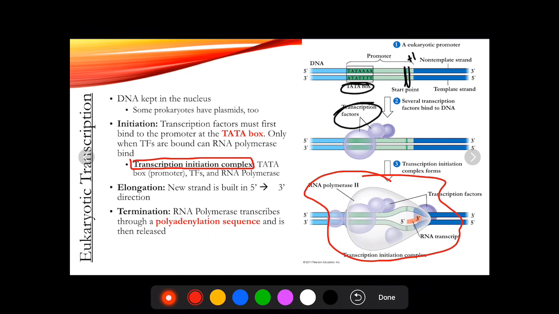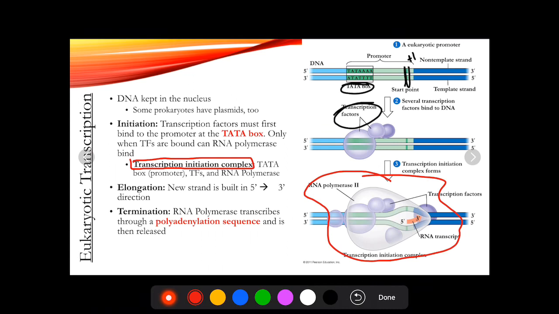So that's different than what we saw with prokaryotes. The promoter's different. It doesn't have the TATA element. The transcription factors are not needed. The polymerase can bind directly to the promoter. Elongation is exactly identical, nothing special there. We're still building in the 5' to 3' direction.